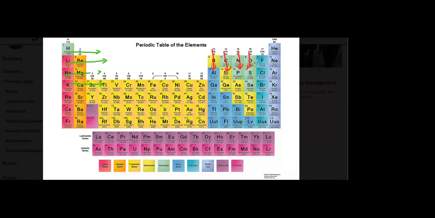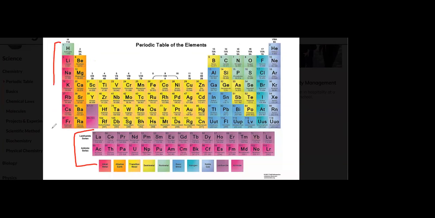Now tell me this. Forget about these three for now. Just see this. Can you count and tell me how many rows there are in this periodic table? Don't think about these two. Just count here to here.